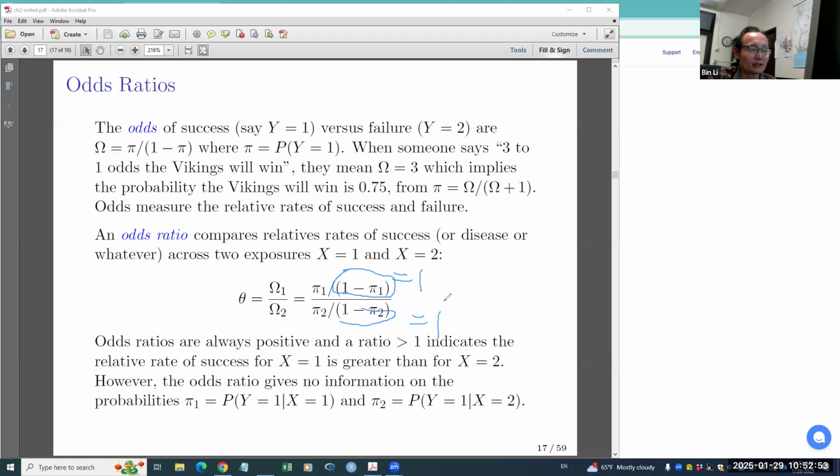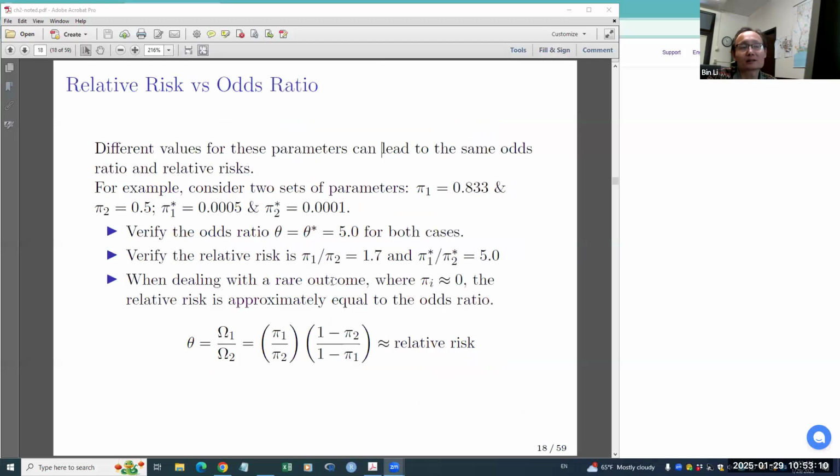So then the odds ratio will be very close to just the ratio of pi 1 and pi 2. Is that right? So that's the connection between the relative risk and odds ratio. When they are very close to 0, this one is almost 1, so that equals the relative risk.